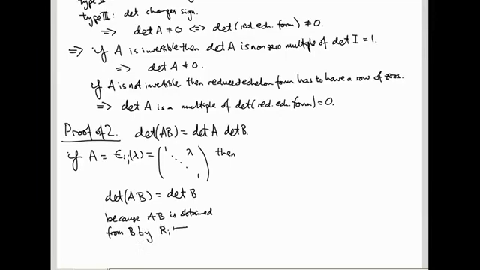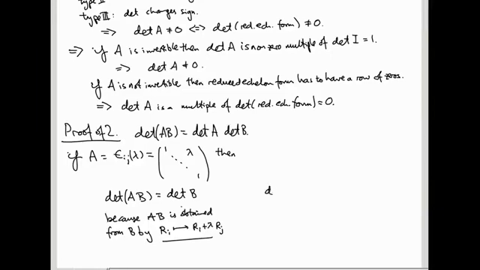This is row i gets replaced by row i plus lambda row j. Remember, this is the point of the elementary matrices. If you multiply on the left by E_ij(lambda), that has the effect of doing this row operation. And we checked a couple of videos ago that if you do this row operation, then you don't change the determinant.